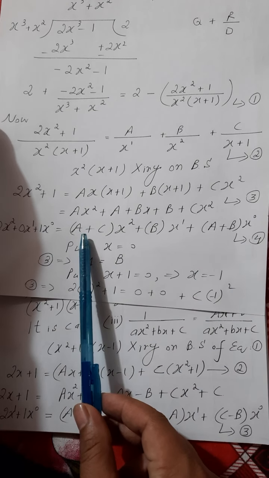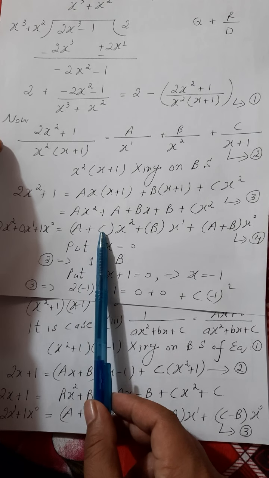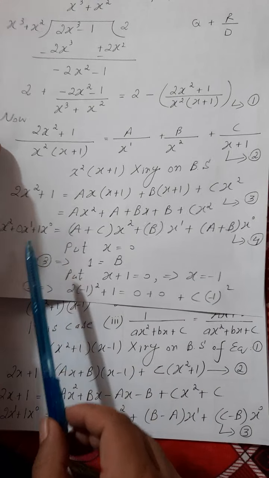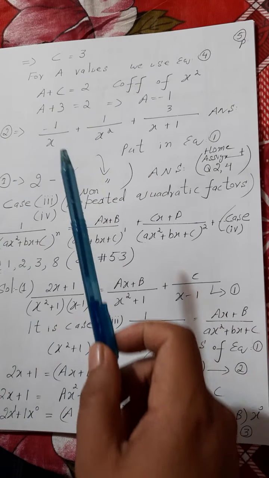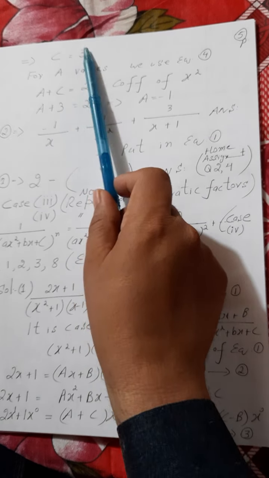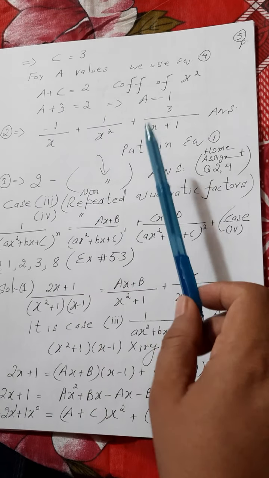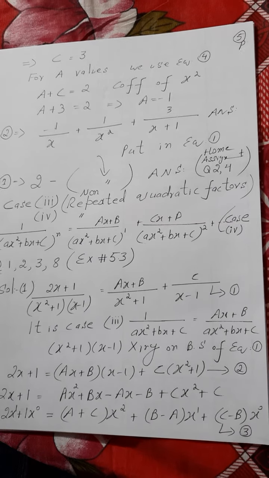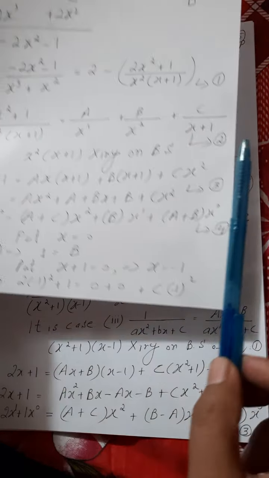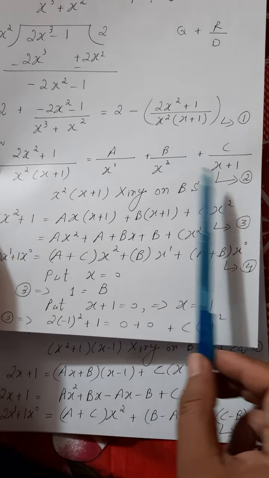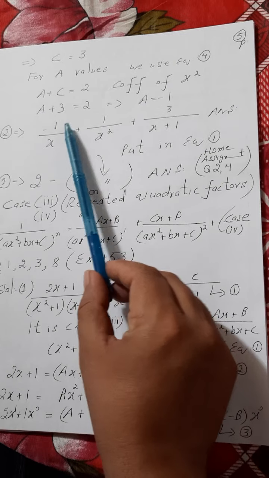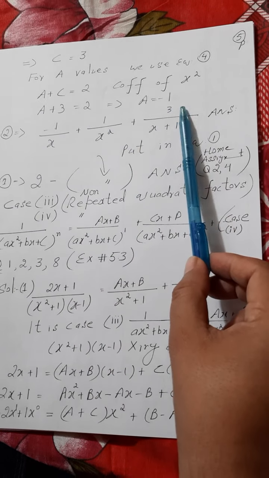There are two options: a plus c is equal to 2, or a plus b is equal to 1. So we compare coefficients: a plus c is equal to 2, the coefficient of x square, but c value is 3, so after simplification a value in this case is minus 1. Putting all these values in equation number 2, a value is minus 1, b is 1 and c is 3.